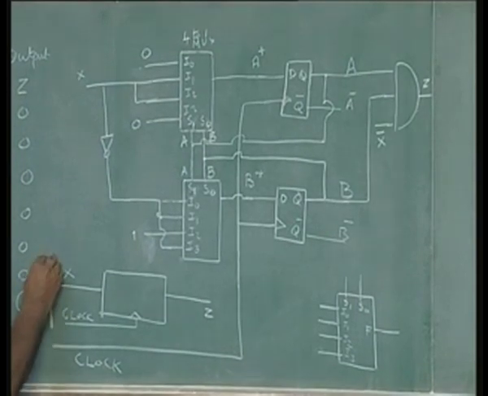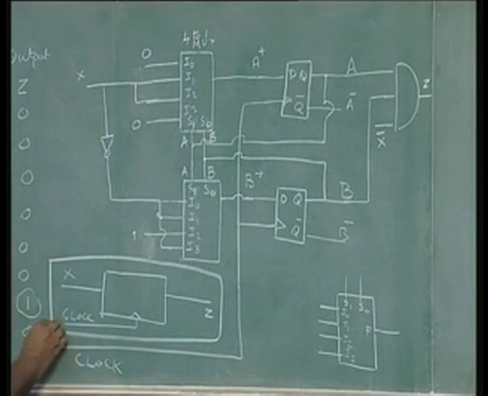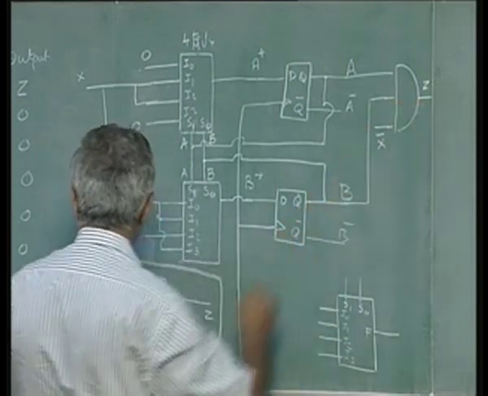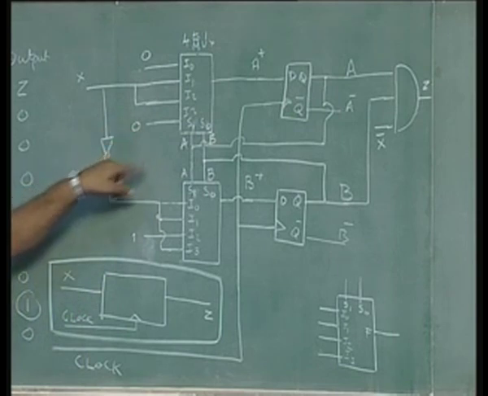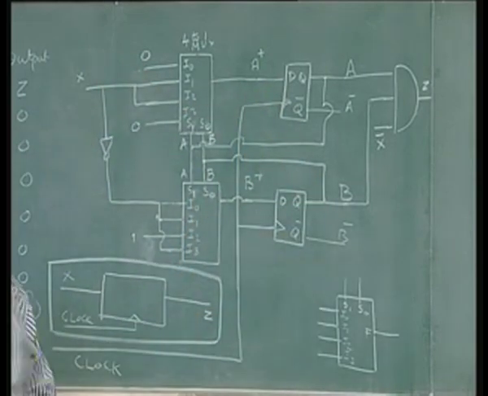This box here is the unknown system which we designed using this. This x corresponds to this input, this z corresponds to this output, this clock is this clock. That is all. Otherwise, the zeros and ones, or 1 is a VCC, 0 is a ground, and the output comes here into the flip flop. All this is part of the design. This is how we design.